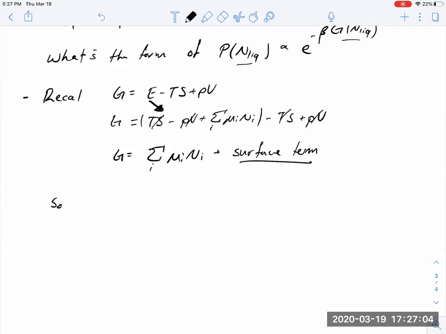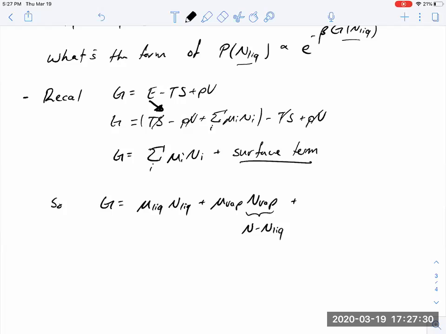So this lets us write the Gibbs free energy. We have two components: a liquid particle, particles in the droplet, and a vapor particle, and some number of them, of which, if n is being held fixed, n vapor must be n minus n liq.